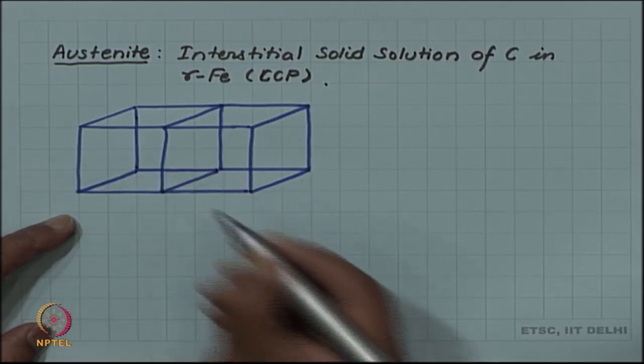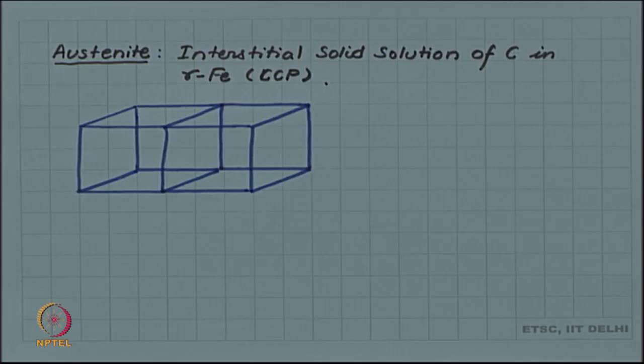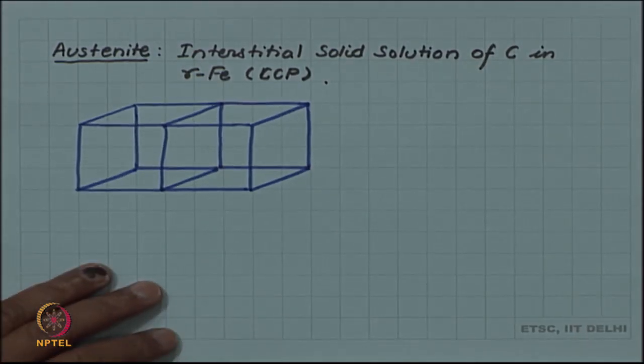Of course, in the real crystal structure there will be many unit cells, but as an example we are taking here and demonstrating 2 unit cells.